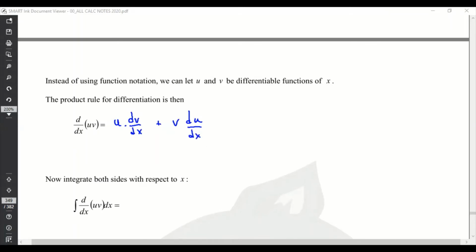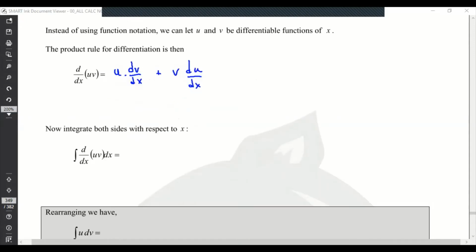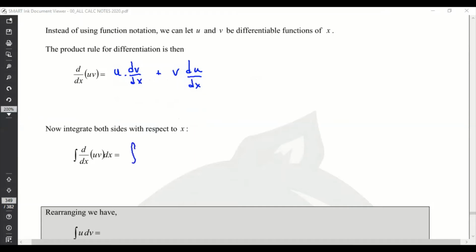And if we integrate both sides of that, similar to what we just did up above, then the left side will equal the integral of d dx of uv dx. And the integral of the right side will be the integral of u dv dx plus v du dx with respect to x.